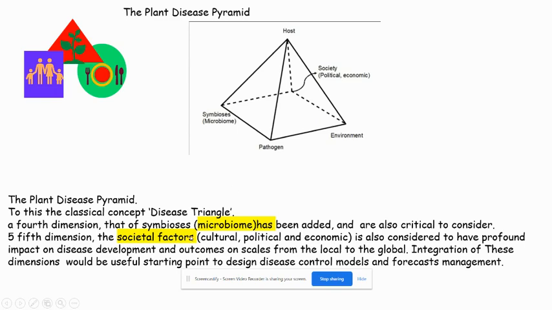Another important dimension to this disease pyramid is societal factors, which includes cultural, political, and economical condition of that state or that area, because these factors affect the outcomes on local and global scales. The consideration and integration of these two dimensions is also important to design forecasting model and also to design effective sustainable disease management system.